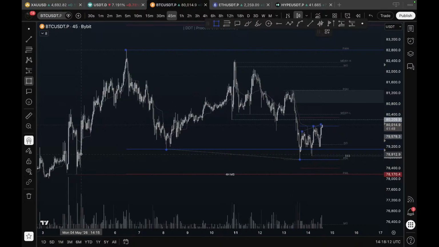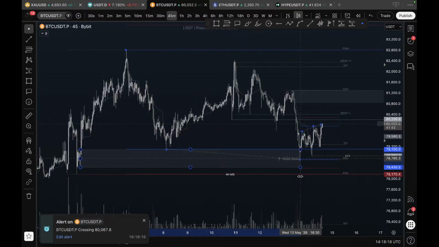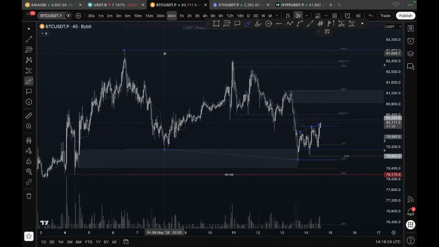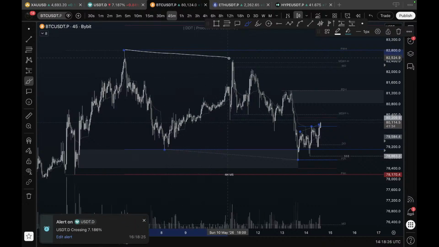We had that clean demand right here, which was not mitigated on that first step. And yesterday we did tap into it, tap 2, and we are leaving buy side liquidity above. Look, I would have been wiped out of my short if I took it right now. So I'm glad we did not take it.